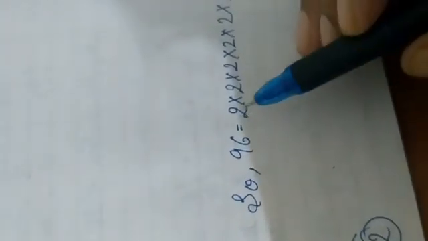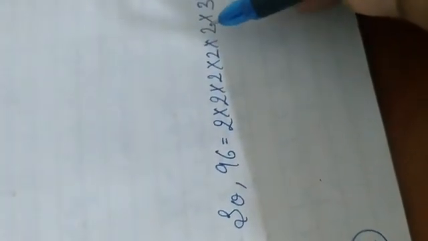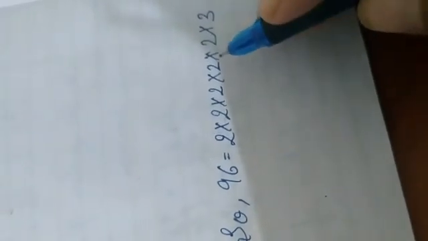Now 2 2's are 4, 4 2's are 8, 8 2's are 16, 16 2's are 32, then 32 into 3 will be 96. So we have checked our answer to see whether our factor tree is correct or not.